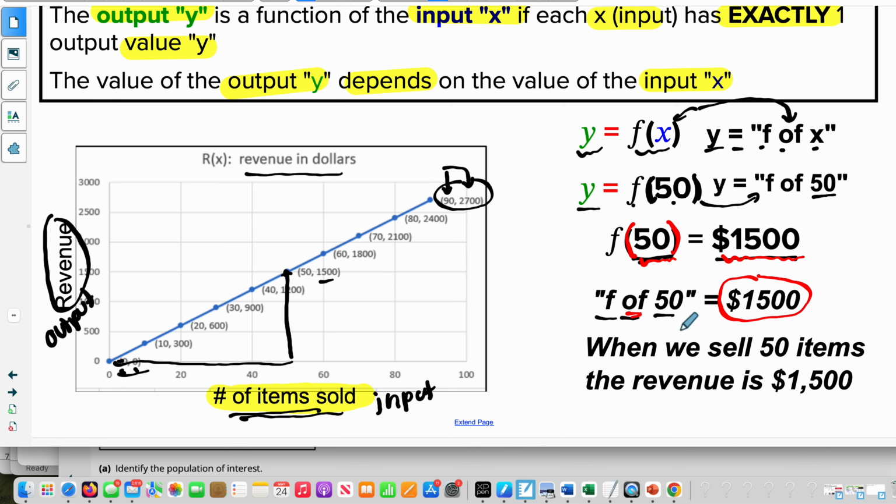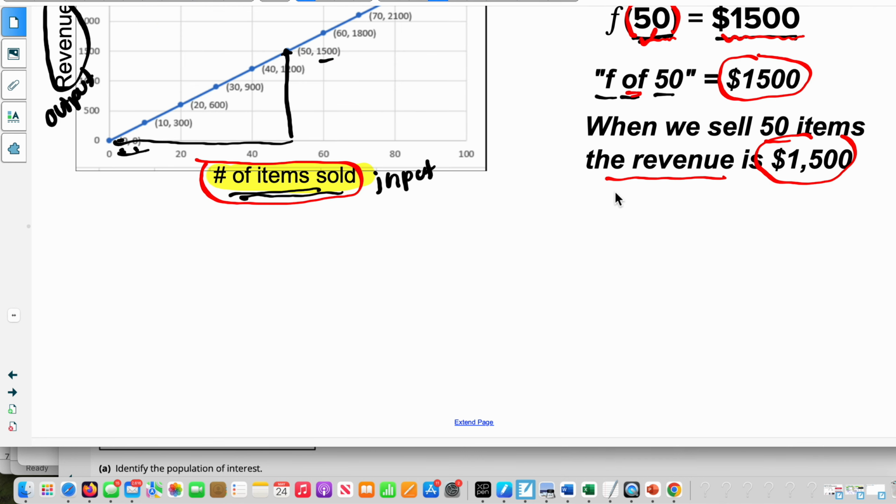If I want to put that in context, I can say when we sell 50 items, the number of items sold is 50, right here. The revenue is $1,500. I can write this as an ordered pair as well.